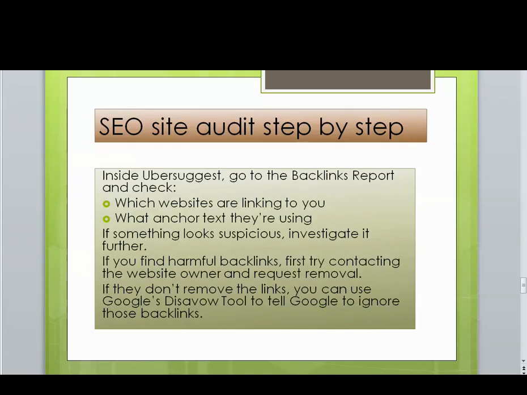Inside Ubersuggest, go to the backlinks report and check which websites are linking to you, what anchor text they are using. If something looks suspicious, investigate it further. If you find harmful backlinks, first try contacting the website owner and request removal. If they don't remove the links, you can use Google's disavow tool to tell Google to ignore those backlinks.